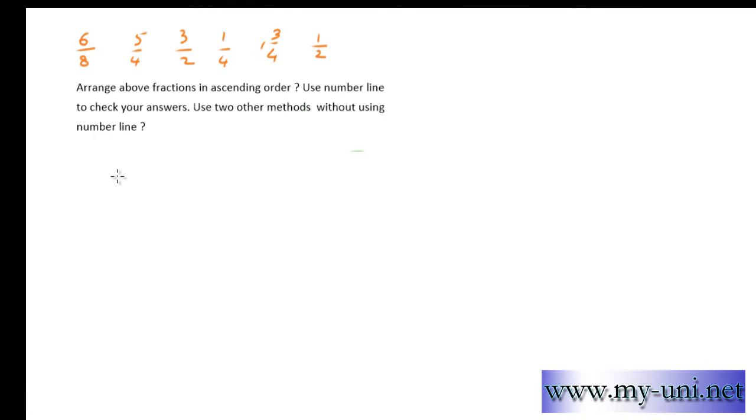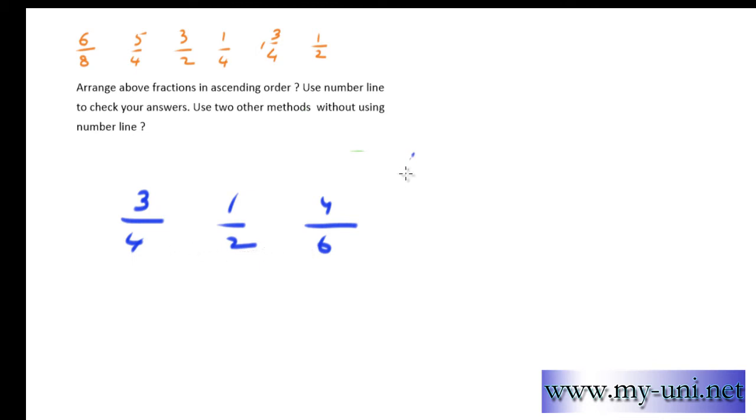What if you had a set of fractions that did not have the same denominator? Say for example you had a set of fractions: 3 of 4, and then 1 of 2, and then 4 of 6. In this case you have to convert these denominators to exactly the same number.